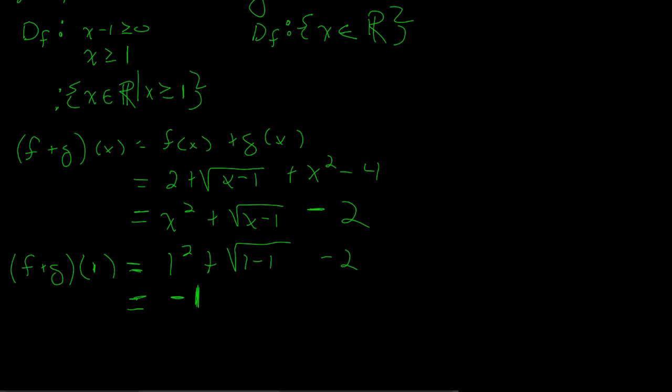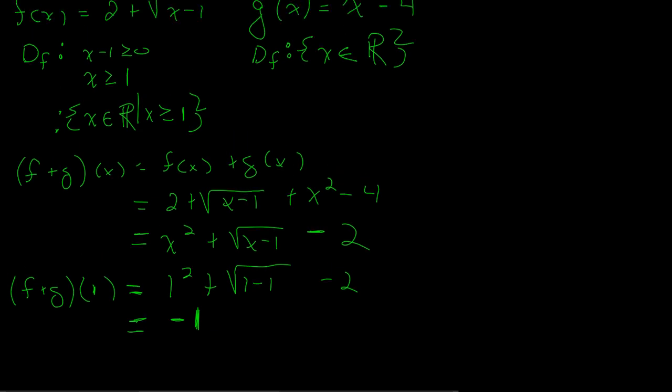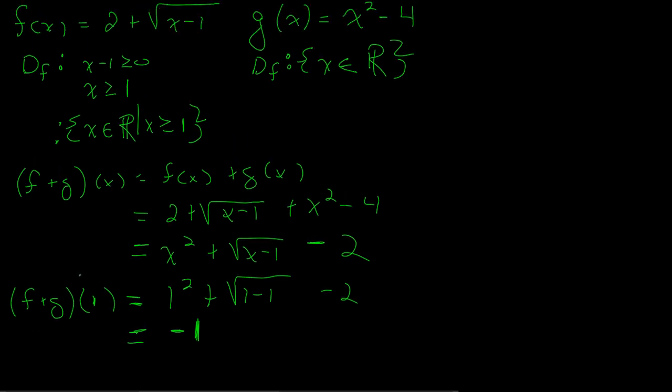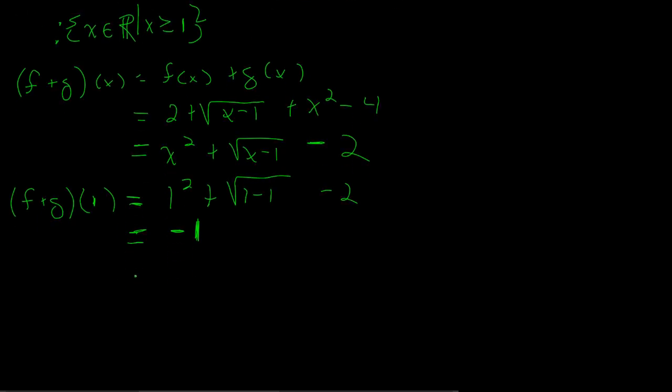Sorry, I'm trying to scroll to the right space here, which would be right there. I can put 1 into f of x, and 1 into g of x. I could put f of 1 and g of 1. So let's do that here. I'll say f of 1 plus g of 1. Well, f of 1 is 2 plus the square root of 1 minus 1, or 2.